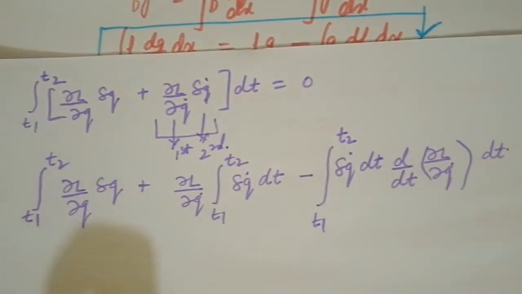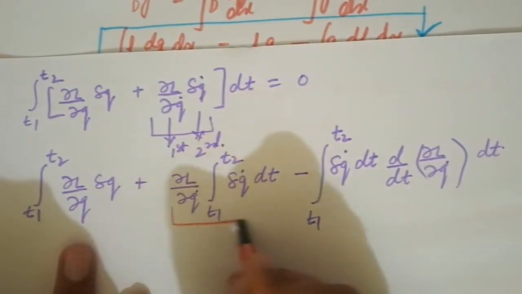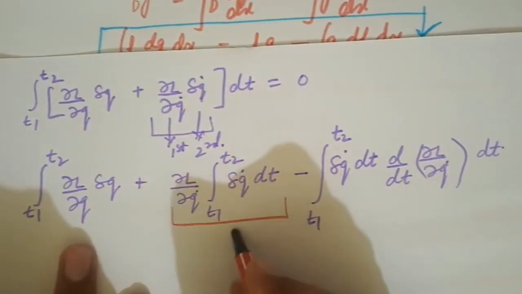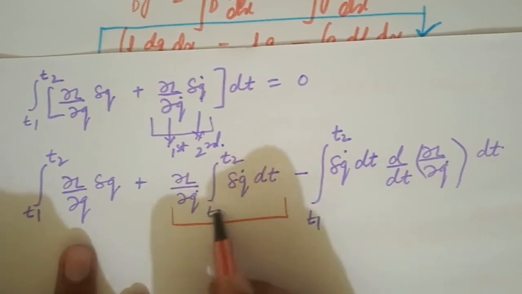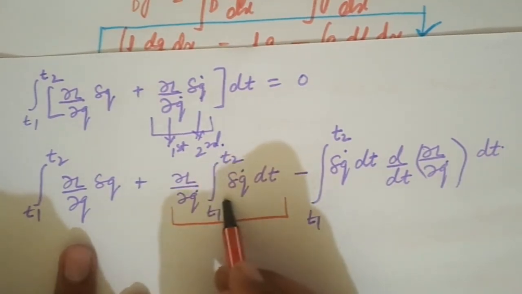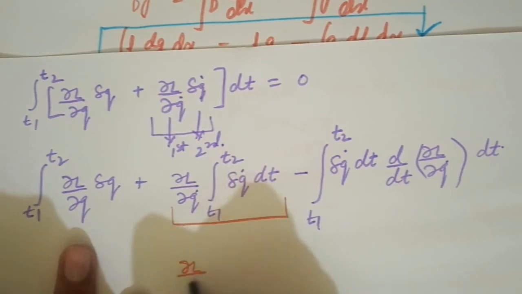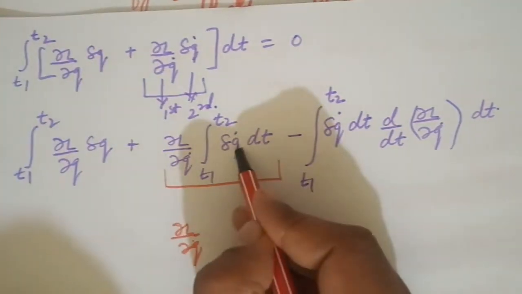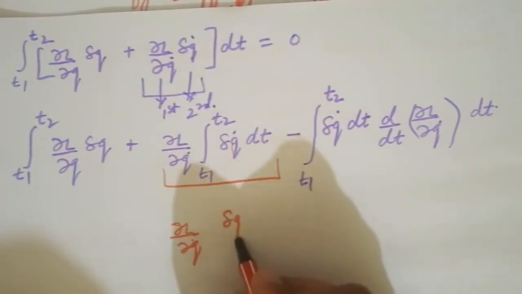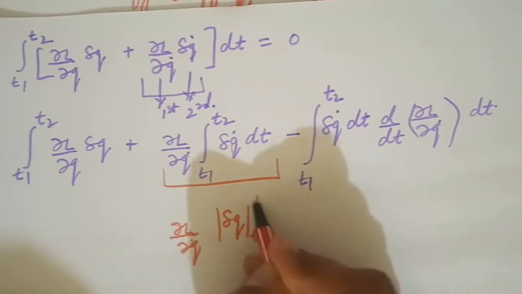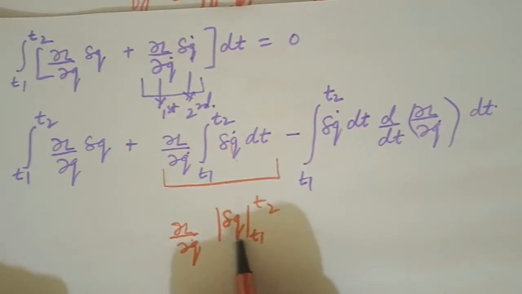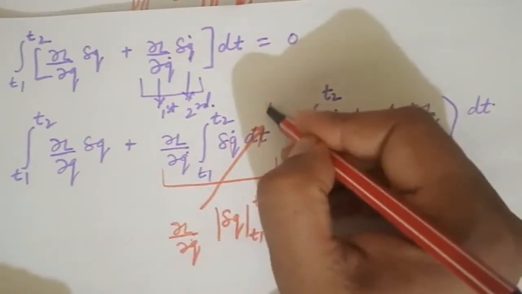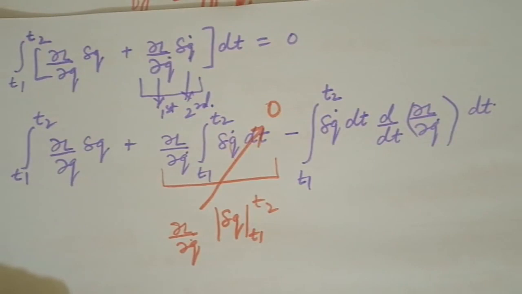So now what about this term? Now this term essentially, what does this equal to? So I know that delta L by delta Q dot, the integral of this will be delta Q from T1 to T2. What do I know? Delta Q at T1 and delta Q at T2 both are equal to 0. So this boundary term will essentially become 0.